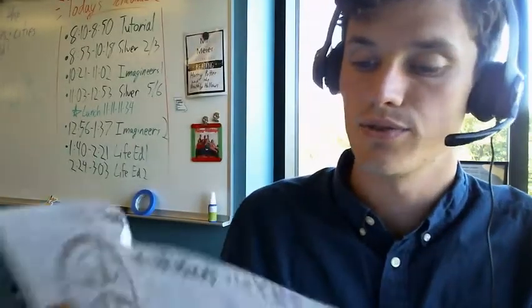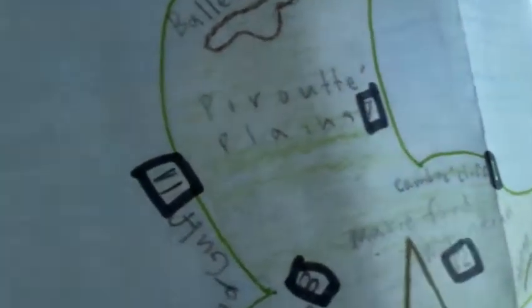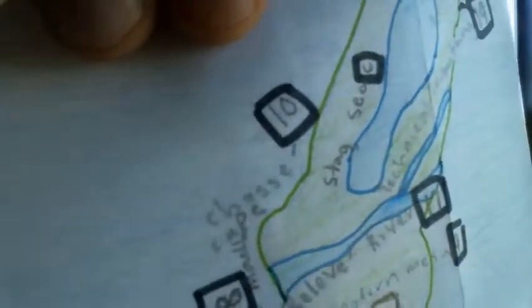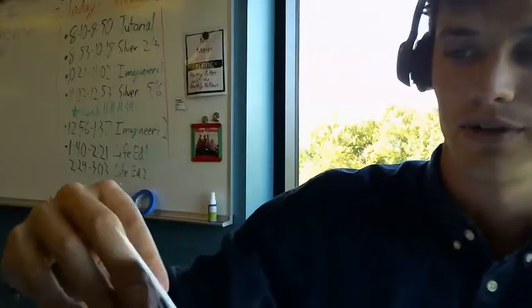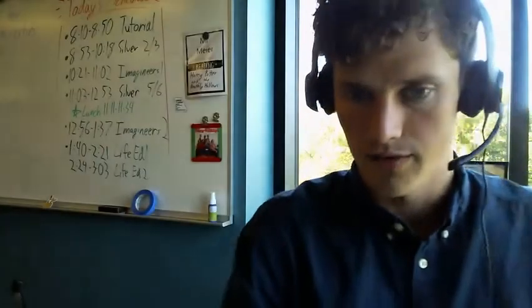As you see, this student next to each landform has placed a number. So there's 17, that one's 9, that's 16, that's 7. So Pirouette Plains is 7. And all of those have different numbers so that when you go to 4 on the back, you see the definition of that landform.